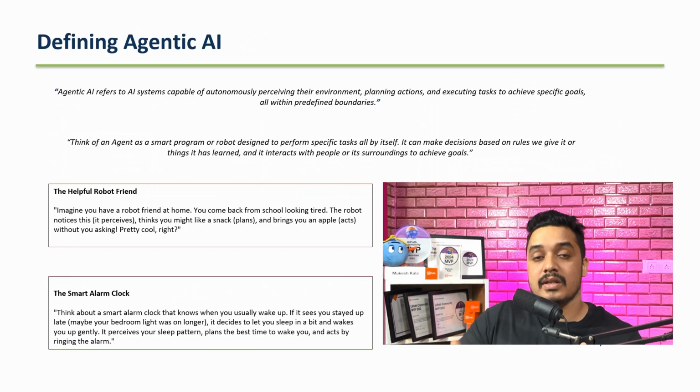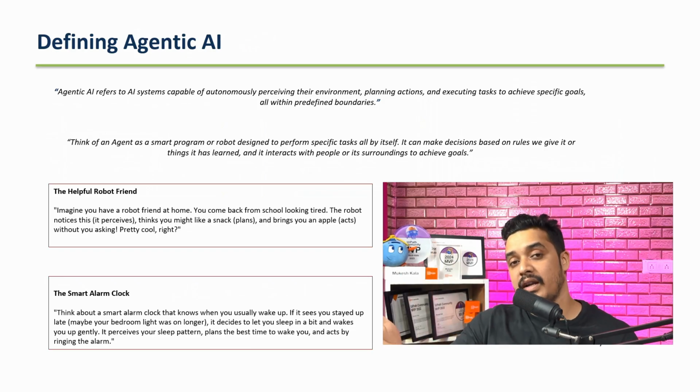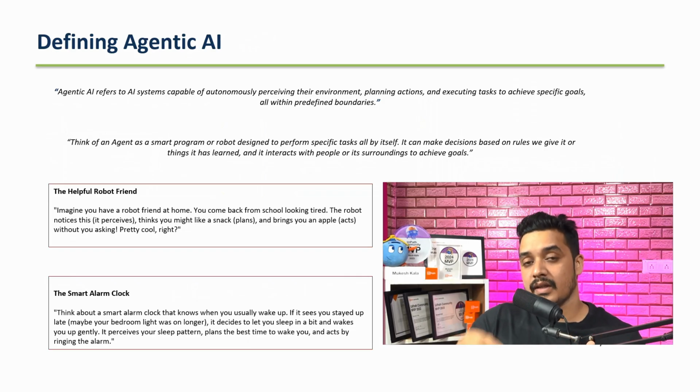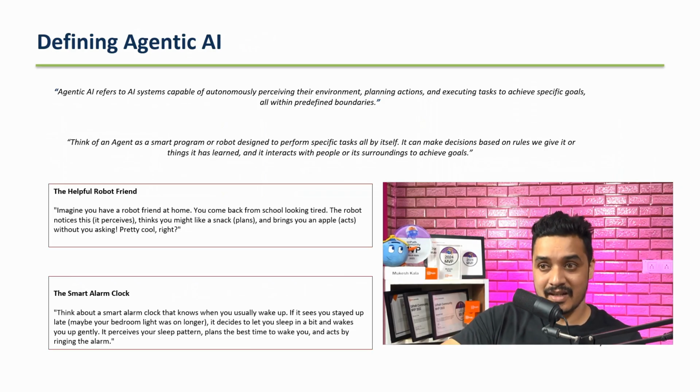It perceives your sleep patterns, understands what time you go to bed, that today you didn't go to bed, what time you usually sleep, what time you sleep on Friday, what time you get up on weekends.